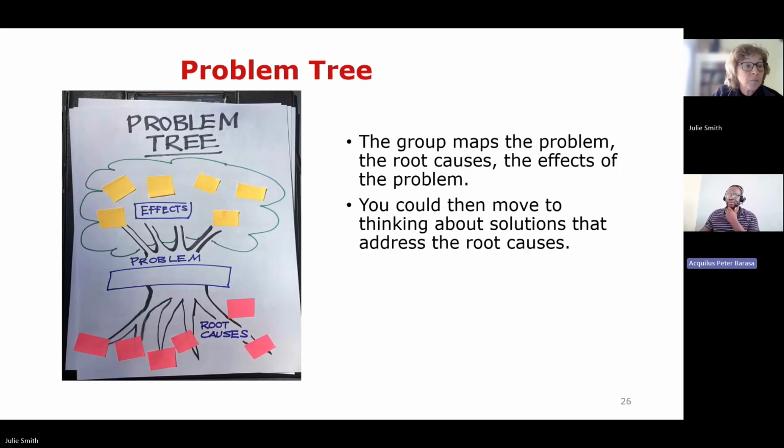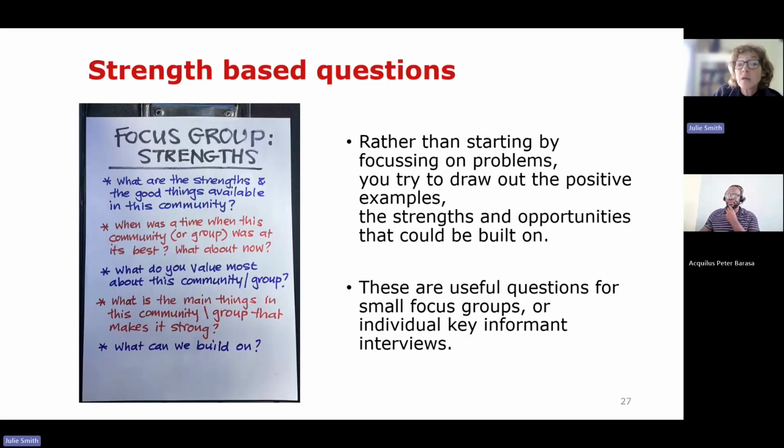Okay, next one. In this one, strength-based questions, you can try and have a focus group that starts with these sort of strengths-based questions. For example, you're talking to a group of people with disabilities. So you're asking questions like, what are the strengths or the good things in this community for people with disability?